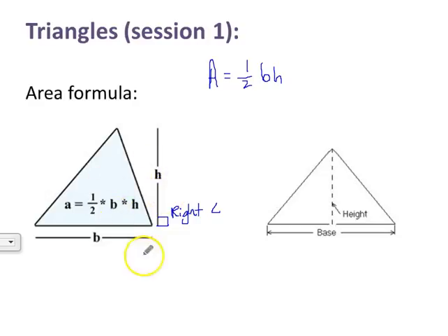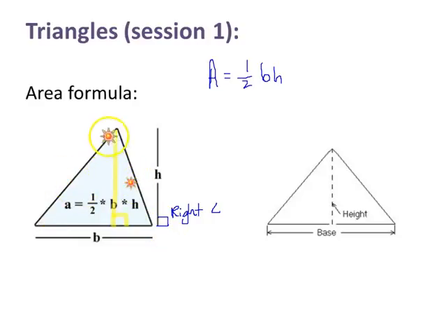Sometimes your height might not necessarily be a line on your triangle, such as this one right here in blue. The height is the measurement from the top of our triangle down to the bottom, where it forms a right angle with the base. So the height would not be this side here or this side here.